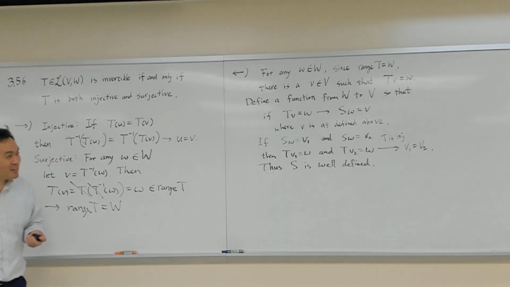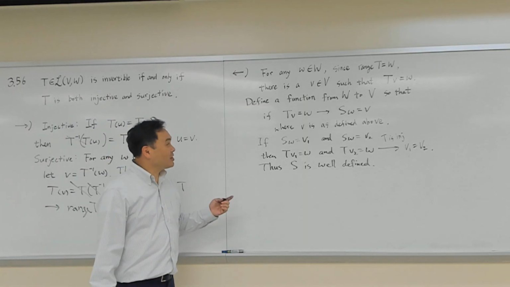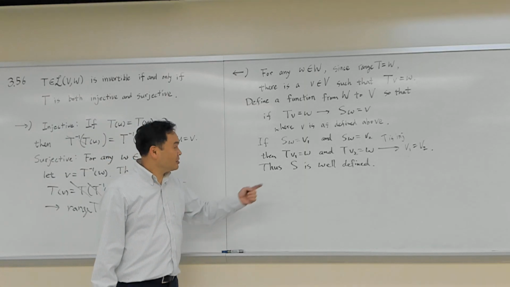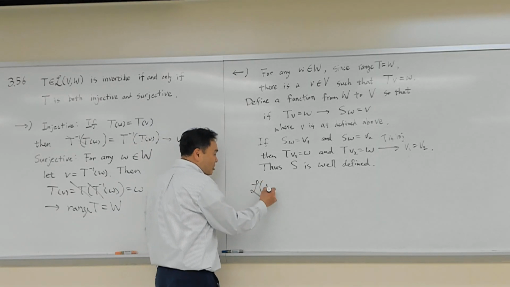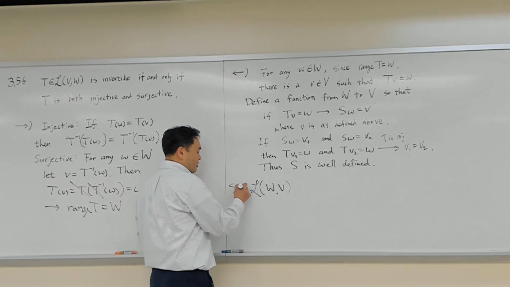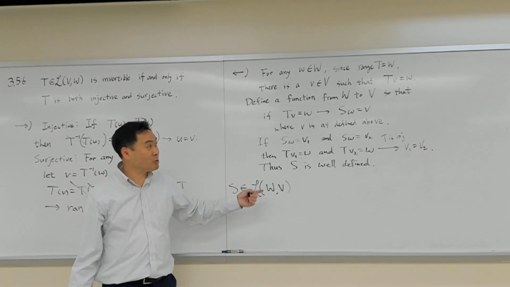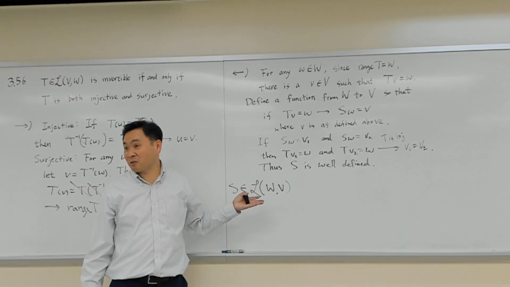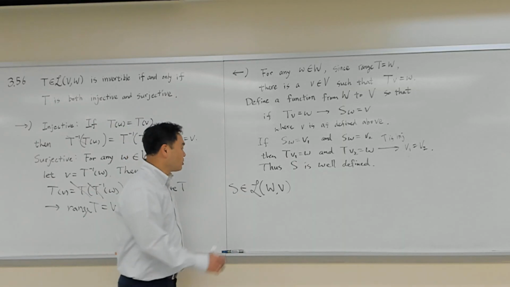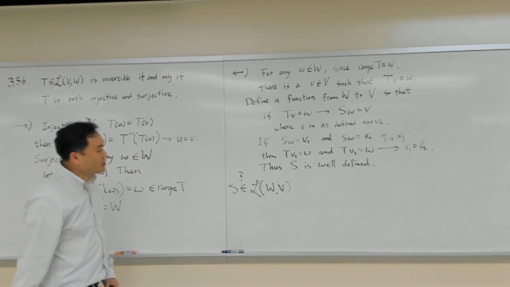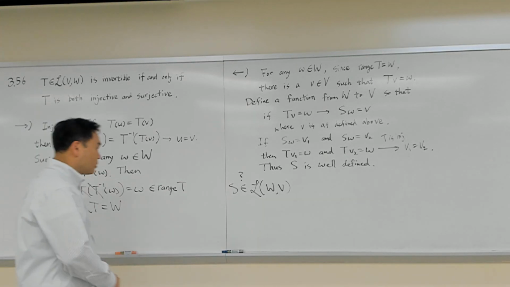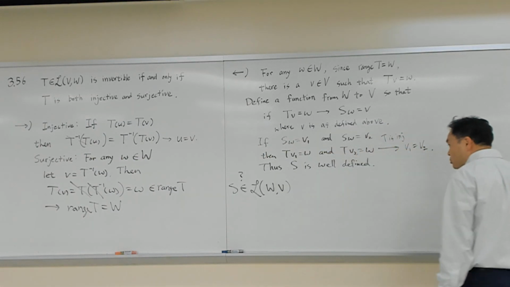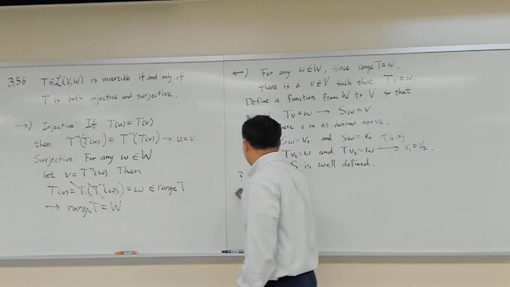In our definition of invertibility, such S also has to be in the linear maps from W to V. But S is just a function. We don't know if it's linear or not. So we still haven't completed the proof, because we have to show that S is linear.